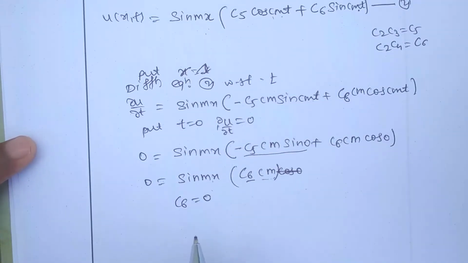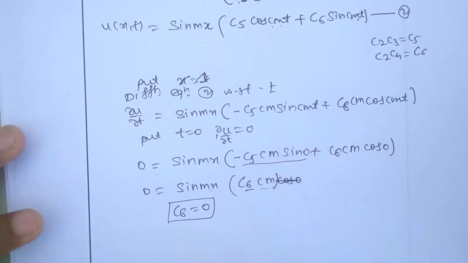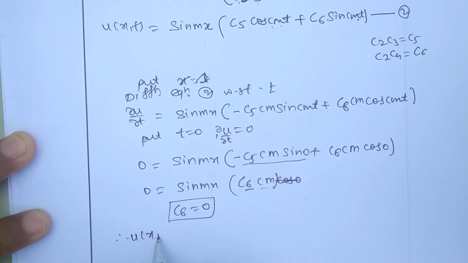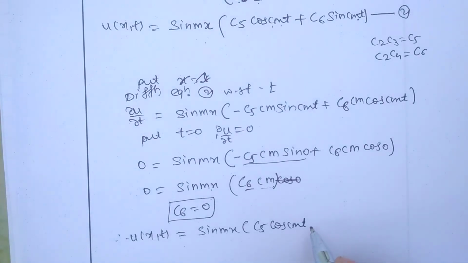Here c6 is 0. So after getting c6 is 0, put in equation number 2. See what happens. Therefore u of x comma t equals sin mx into c5 cos cmt plus c6 is 0, so that term gets eliminated.